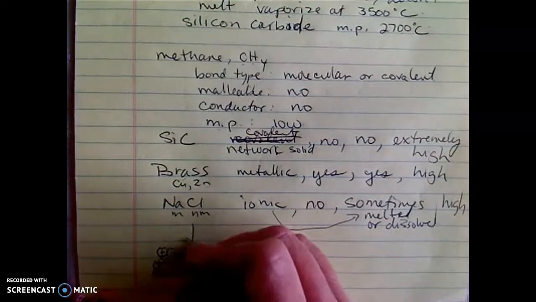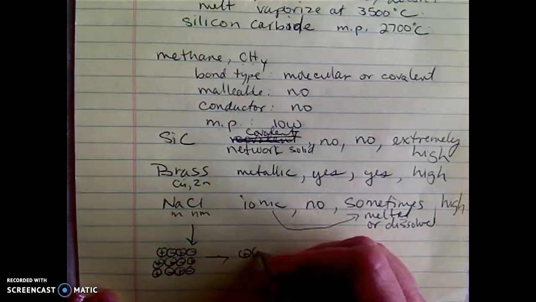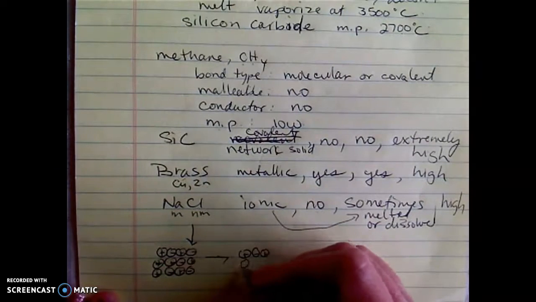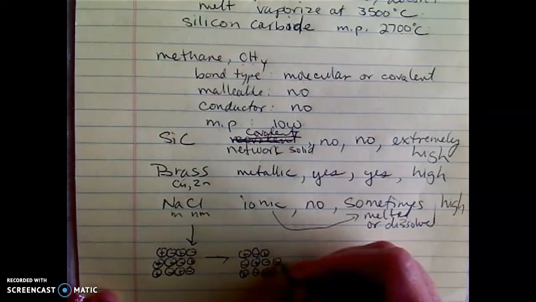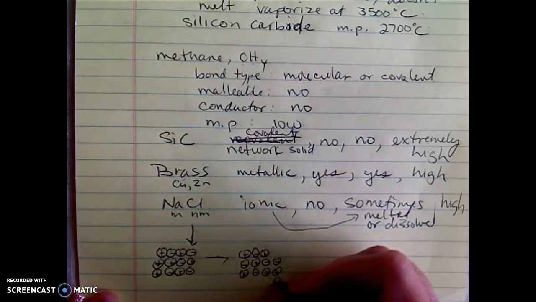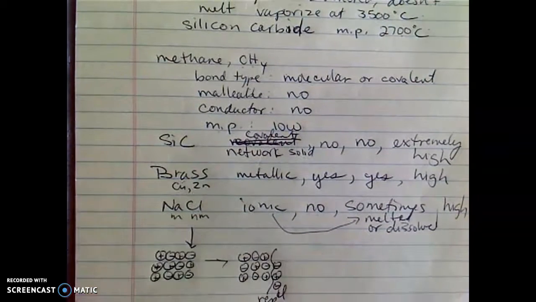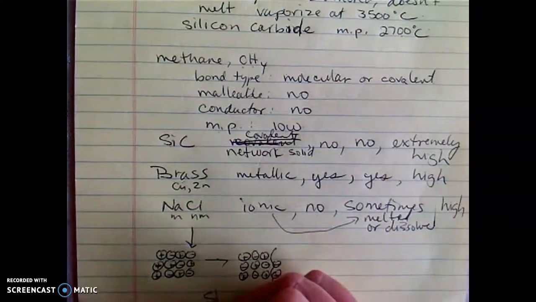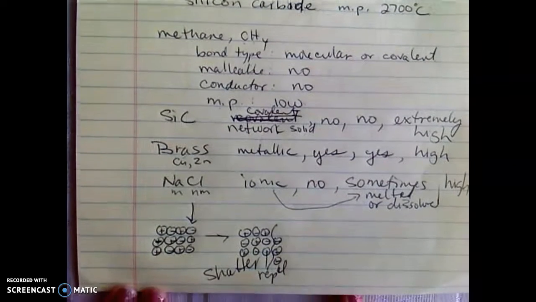If you hit this with a hammer, that's going to shift. So you get minus, plus, minus, plus, minus, plus, minus, plus. And when it shifts, you end up with minus, plus, minus, and those repel. Remember? That causes the crystal to shatter.